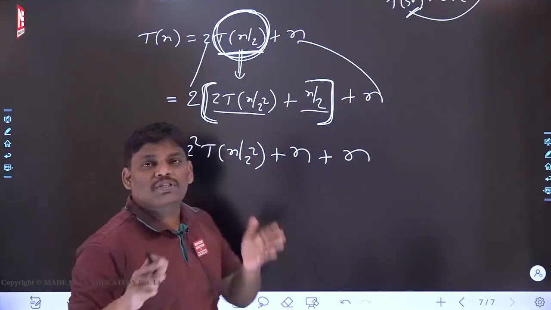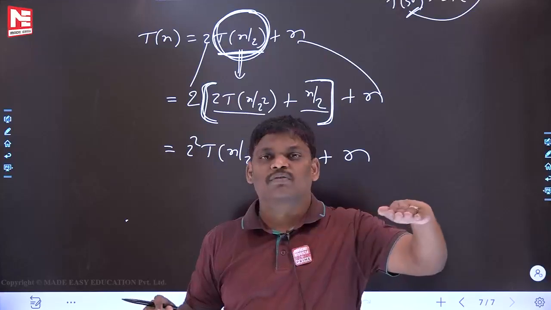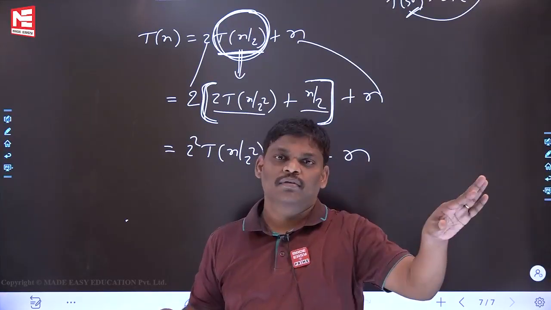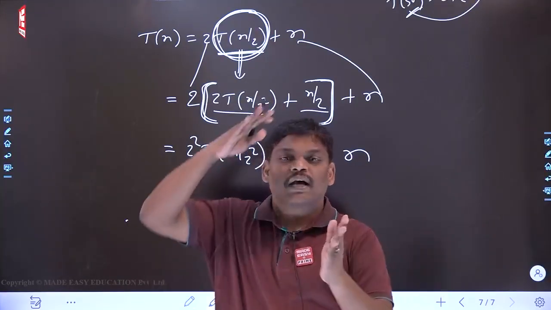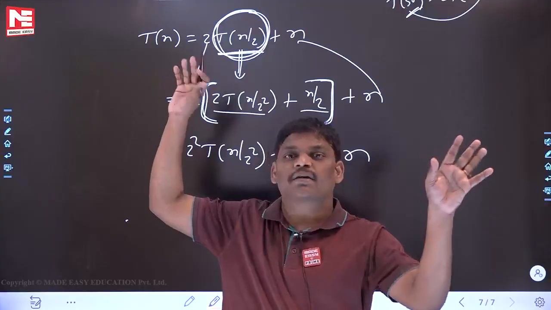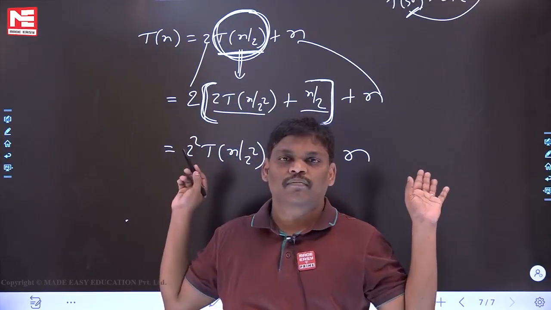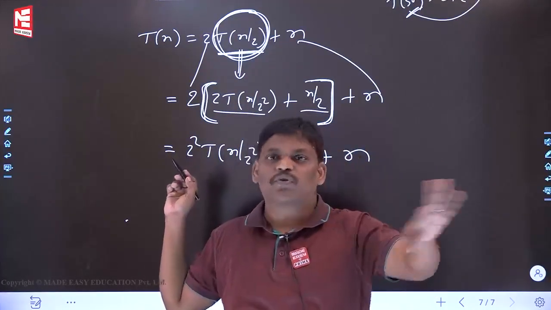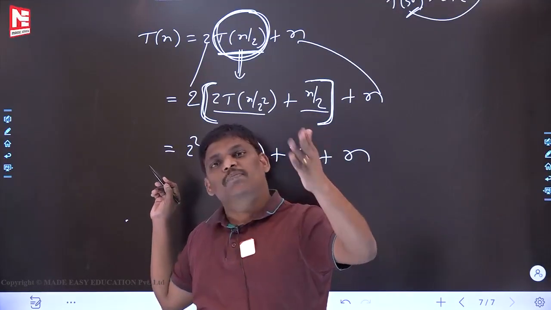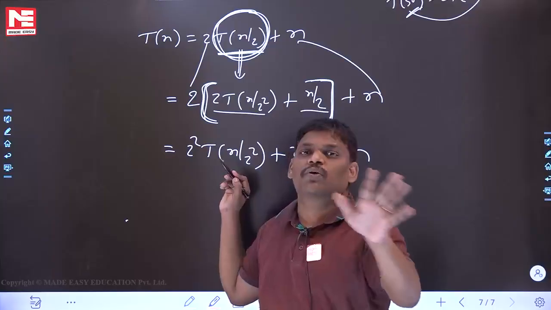So try to remember: first step, second step, third step. While doing this, don't do any calculation. Don't write n plus n as 2n. Write as it is, whatever is coming, until 3 steps are over. 2 square coming, write 2 square only. 4 square coming, 4 square only. Don't do any simplification. You can do it after the third step is over. Until the third step, please control.